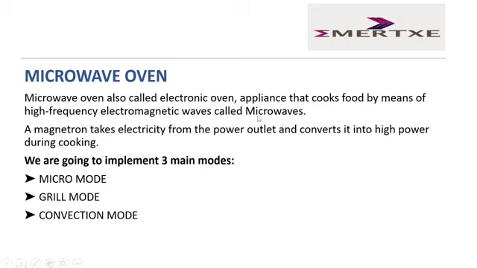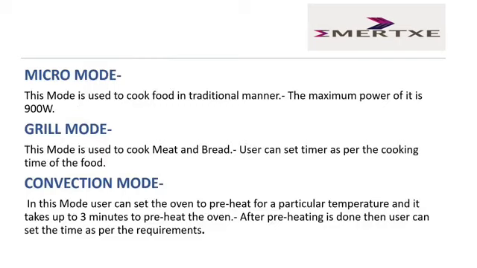The microwave frequency is in the gigahertz range, and a magnetron takes electricity from the power outlet and converts it into high power during cooking. We are going to implement three main modes in this microwave oven: the first one is micro mode, the second is grill mode, and the third is convection mode.